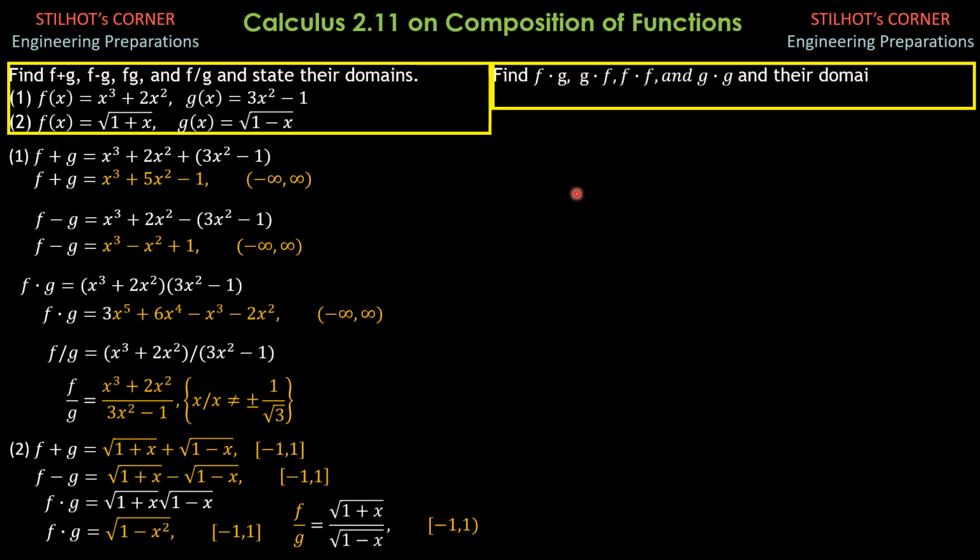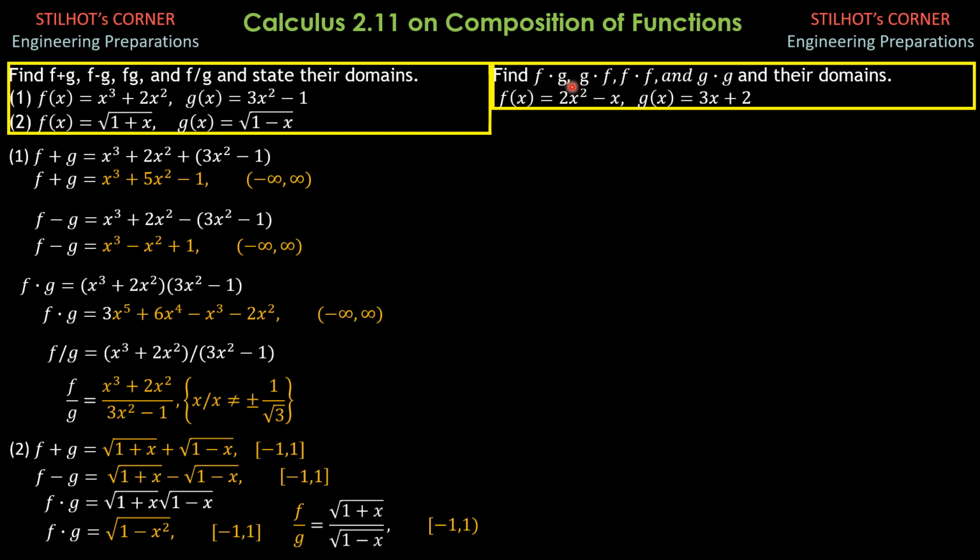Then another thing, find f of g, g of f, f of f, and g of g and their domains. So we have f of x equals 2x squared minus x, g of x equals 3x plus 2.